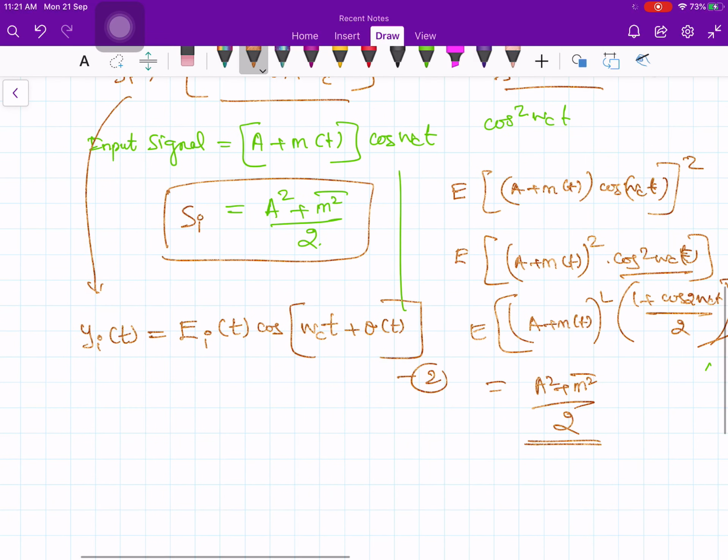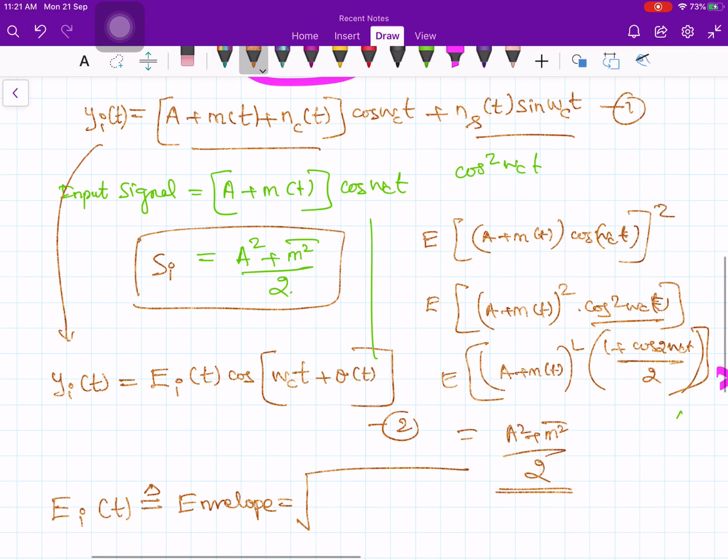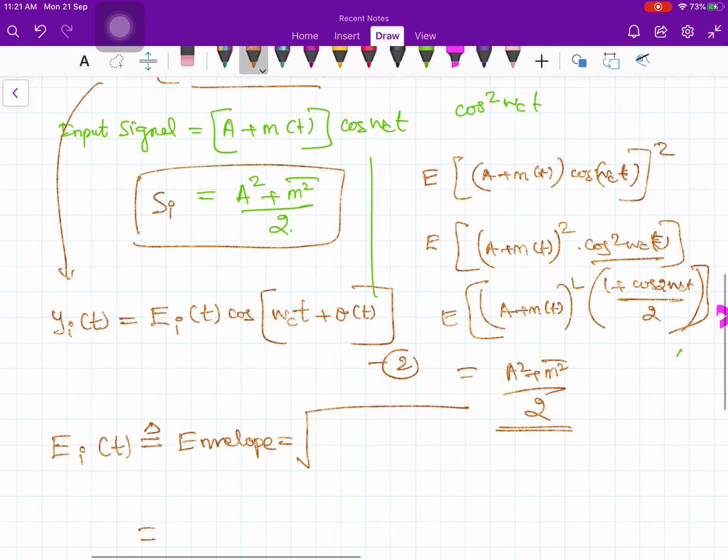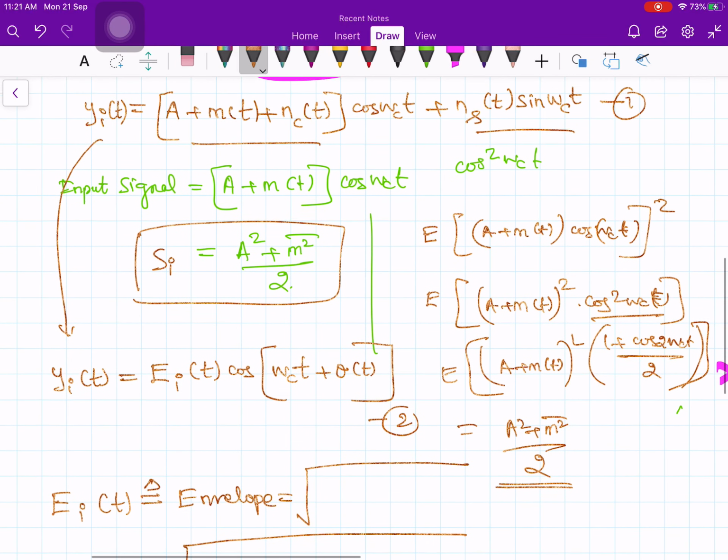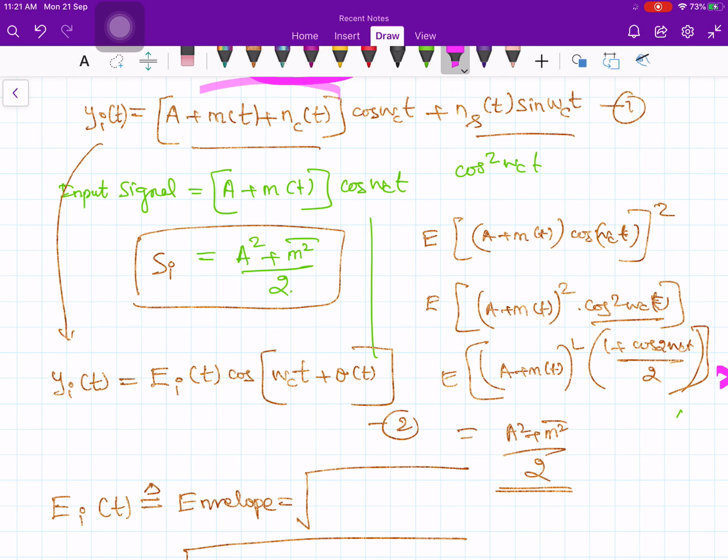Therefore ei of t is defined as the envelope. This envelope is equal to the square root of the in phase component squared plus the quadrature component squared. What is the in phase component? This is my in phase component.